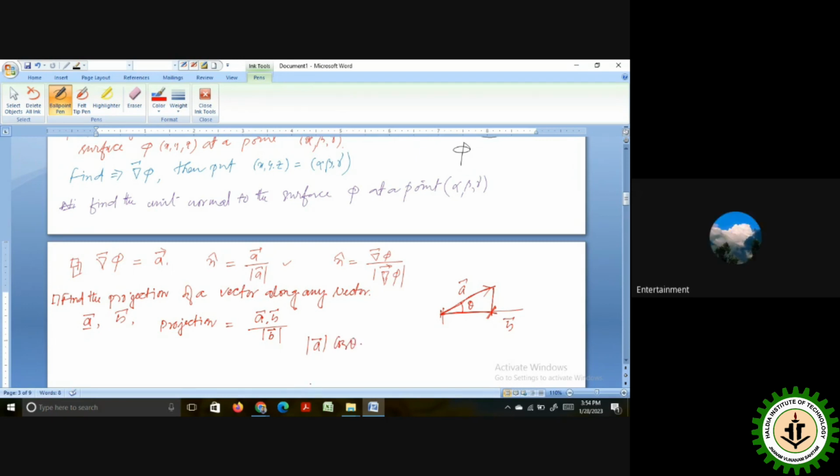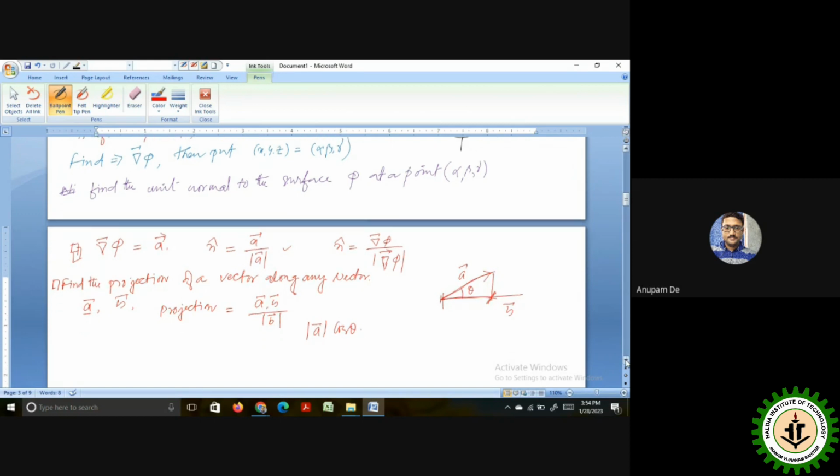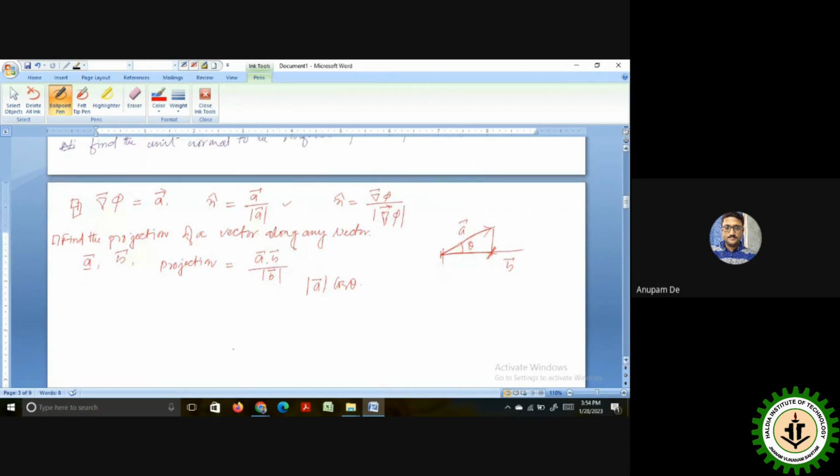Now from the definition of A dot B, we know A dot B equals mod A into mod B into cos theta. So cos theta will be A dot B divided by mod A into mod B.